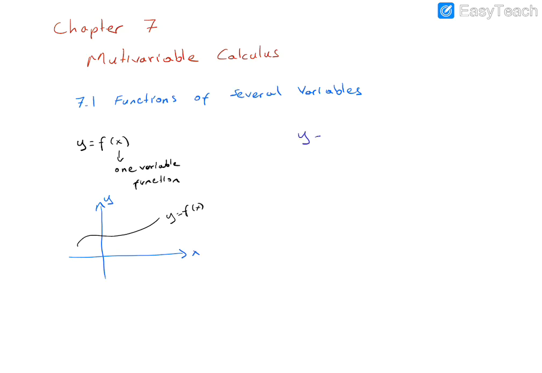So y equals, or z equals, let's say, z equals f of x, y. So now x and y are two different variables. These are independent.